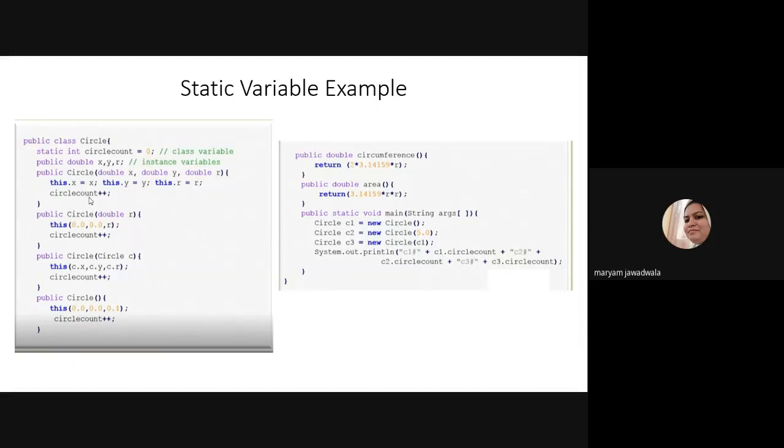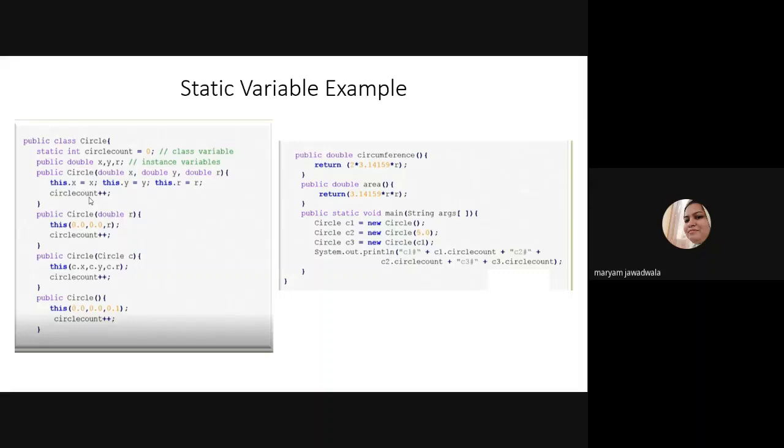Now the third method, again I am writing a Circle constructor, and the parameter of this is nothing but a Circle object, and I'm using the this keyword to initialize the values, and again I'm using circleCount++. The last constructor is the constructor without any parameter.